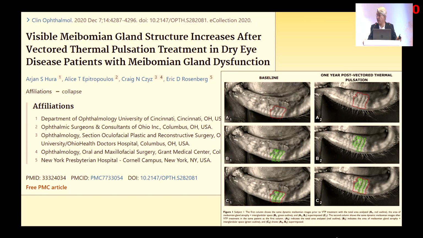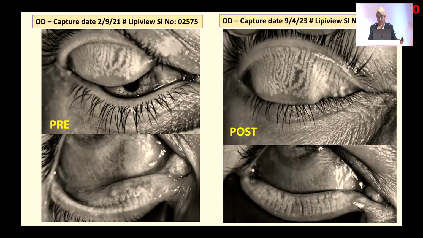So we looked at our own patients. We give the treatment and see after 1 year. This is my patient, pre and post. This is captured on 21 September, and this on 23 April. If you see the lower lid and upper lid, both structures have increased.